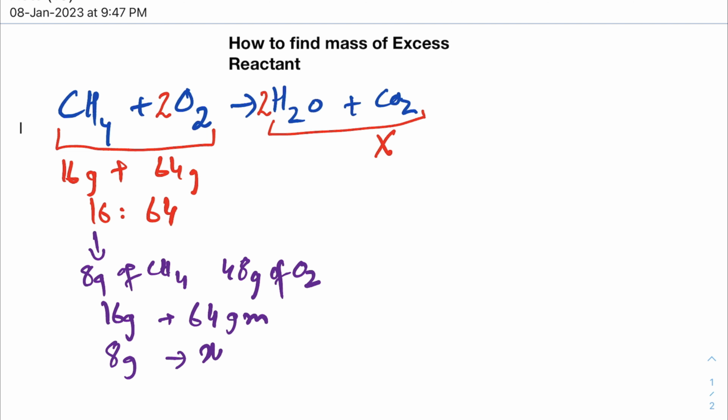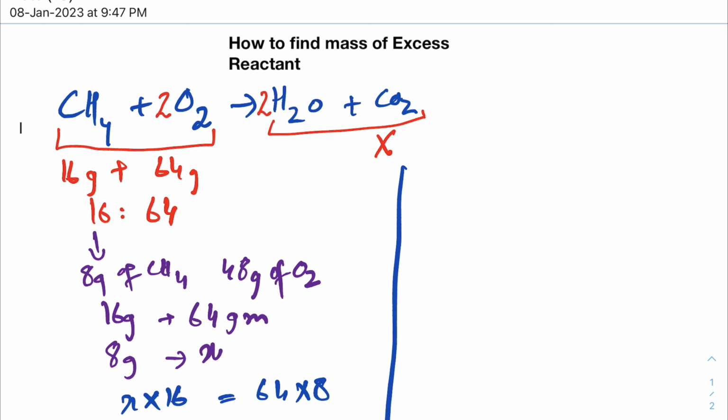By solving this equation, x into 16 equals 64 into 8. So x is equal to 64 into 8 divided by 16, which is 32 grams.